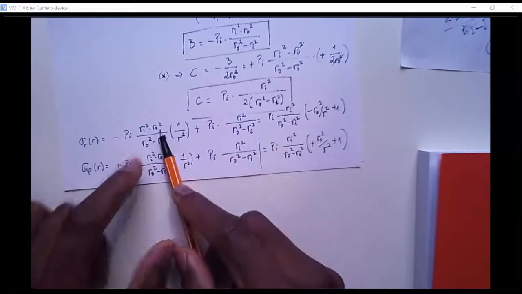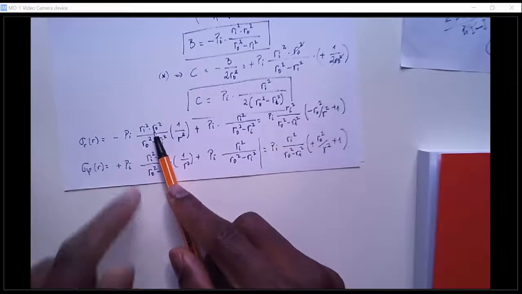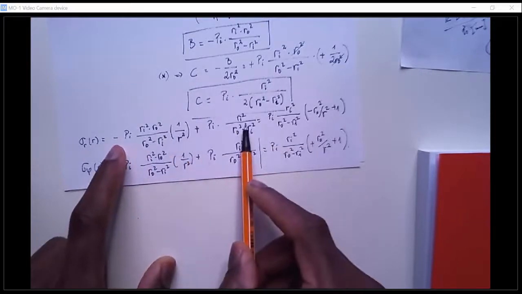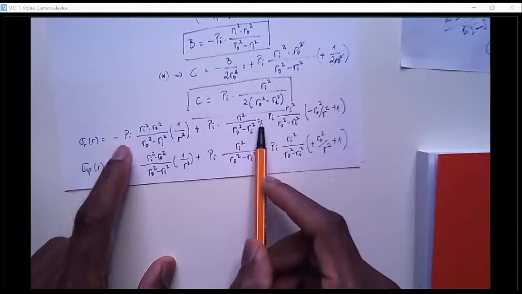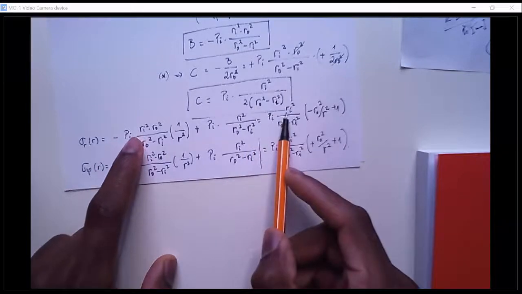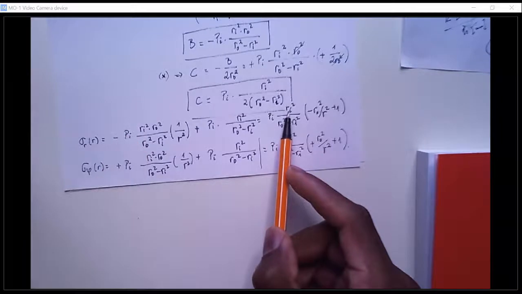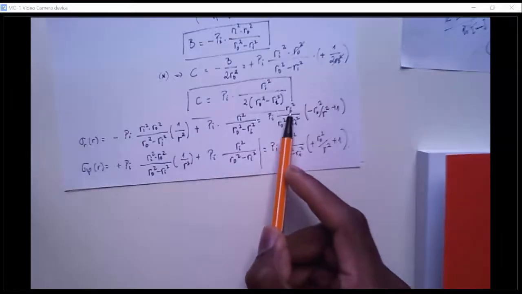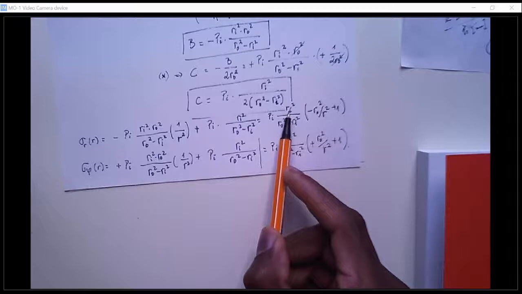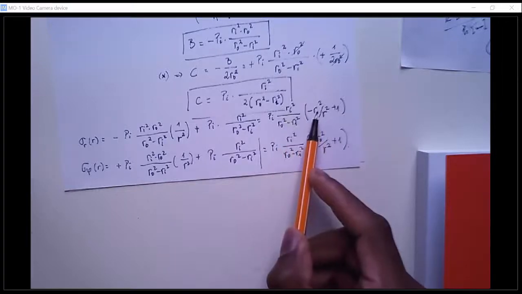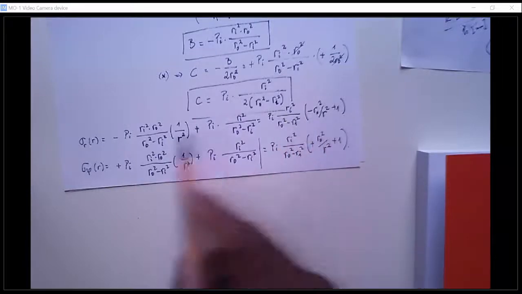Let's see. Over here, we factor. What did we factorize here? We factorize RI squared. And that's why we have our O remaining there. It seems fine.